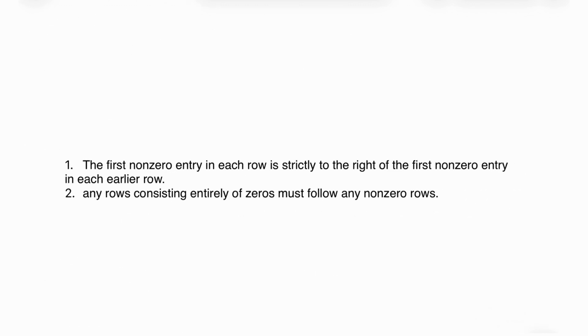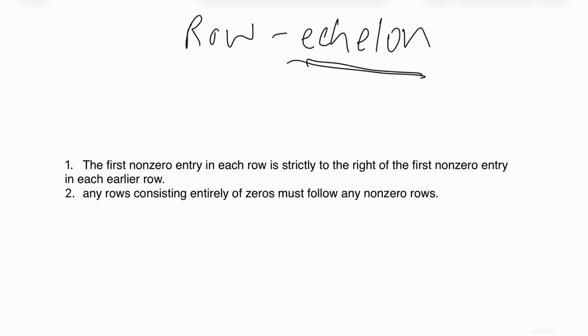Now, the goal of Gaussian elimination, or I would say the first half, maybe like 70% actually, is to form a row-echelon matrix. Now, echelon comes from the French military, so maybe I should call it echelon.